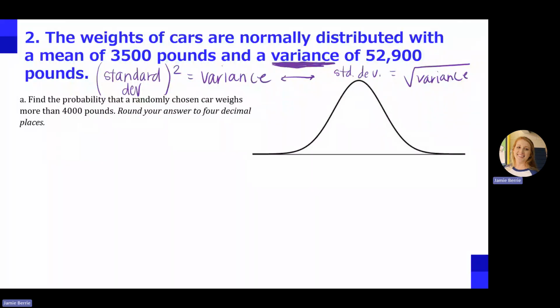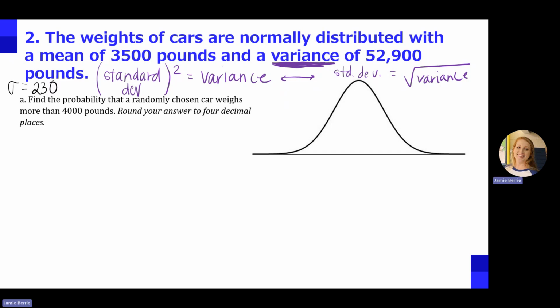Yes, this is the weight of a car, so the standard deviation was 430. Not 430, 230. My bad. Let's write that down. Use a different color. All right, so sigma is 230.